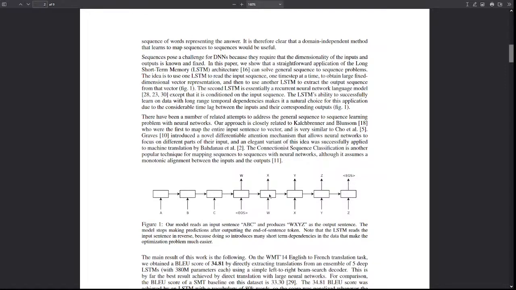An elegant variant of this idea was successfully applied to machine translation by Bahdanau et al. Connectionist temporal classification is another popular technique for mapping sequences to sequences with neural networks, although it assumes a monotonic alignment. Oh my goodness. I don't think I'll ever understand this.